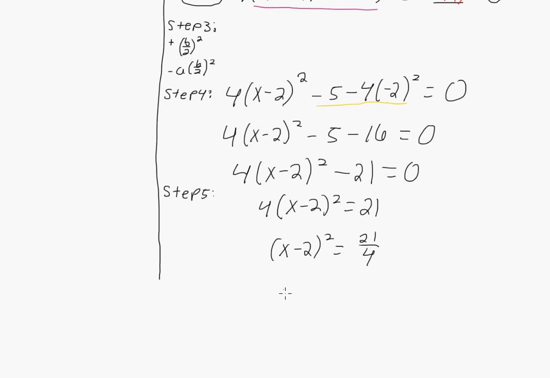Take the square root on both sides. x minus 2 equals plus or minus the square root of 21 over the square root of 4. Square root of 4 is, of course, 2. So add 2 to both sides, and I have x equals 2 plus or minus the square root of 21 over 2. And that is our final answer for this problem.